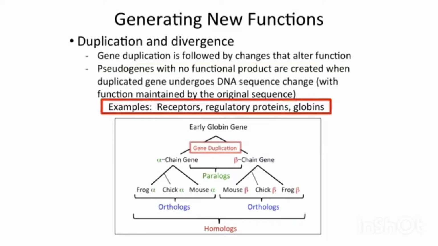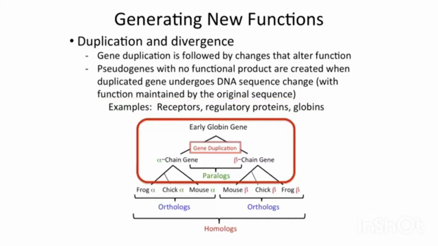There are multiple examples: receptors, regulatory proteins, globins. But globins are a great example, and we'll focus on hemoglobin in our blood. An early globin gene that bound oxygen underwent duplication, and the alpha chain gene and the beta chain gene of hemoglobin emerged, similar in function, binding oxygen, but different in sequence. These genes that diverged are called paralogs.